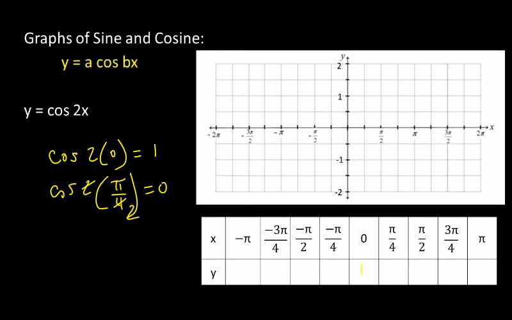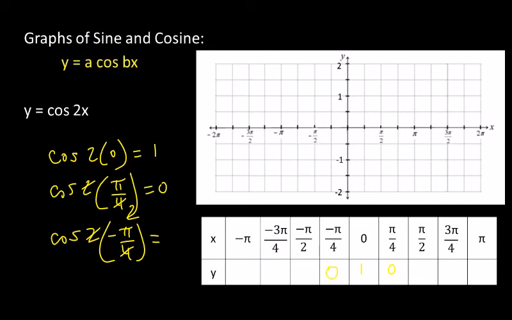So some things are going to change, some things may stay the same, but it is going to allow me to see how everything is really truncated into a smaller area. If I were to go the other direction, cosine of 2 times negative pi over 4, well, that's going to give me negative pi over 2, which cosine at negative pi over 2 is 0.